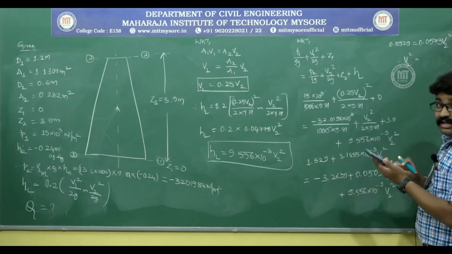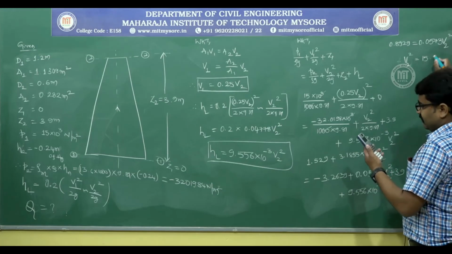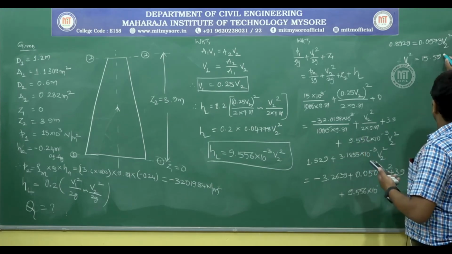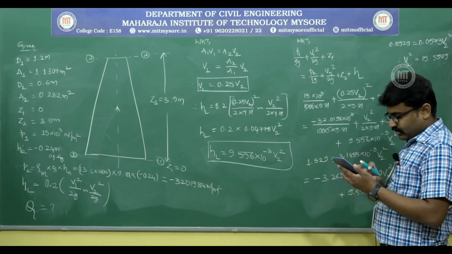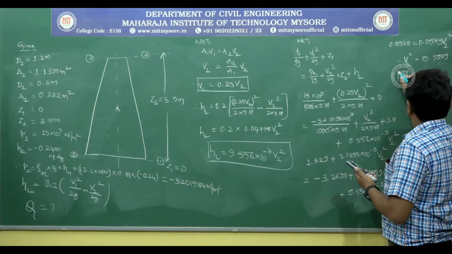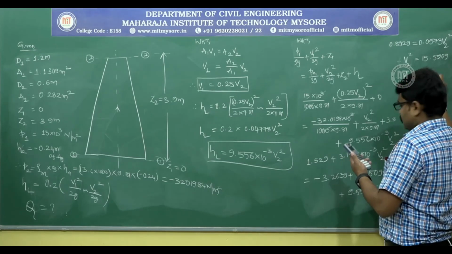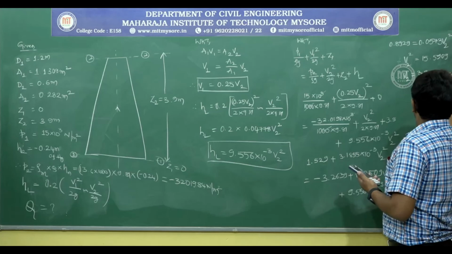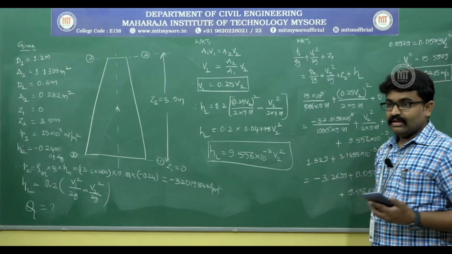Therefore, V2 square is equal to 0.8929 divided by the answer. So, you have V2 square as 15.5909. What is V2? Therefore, square root of answer. Therefore, V2 is equal to 3.9485 meter per second.